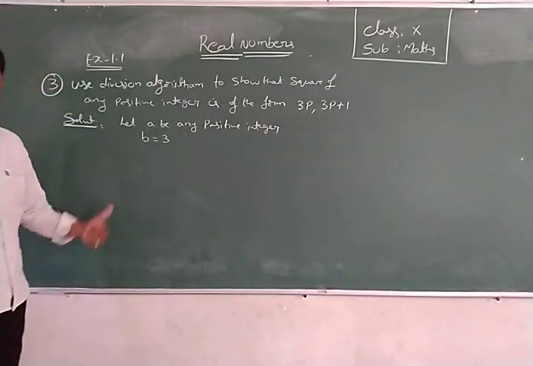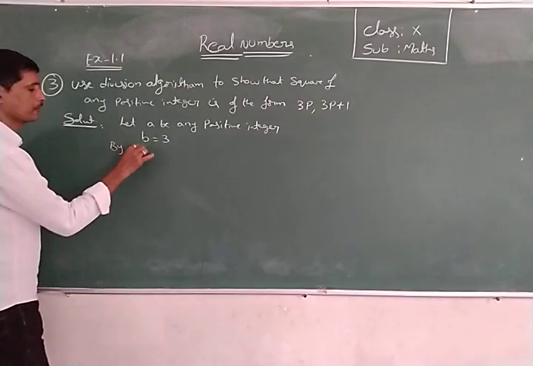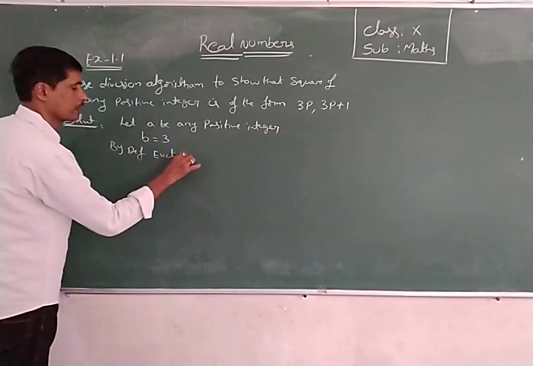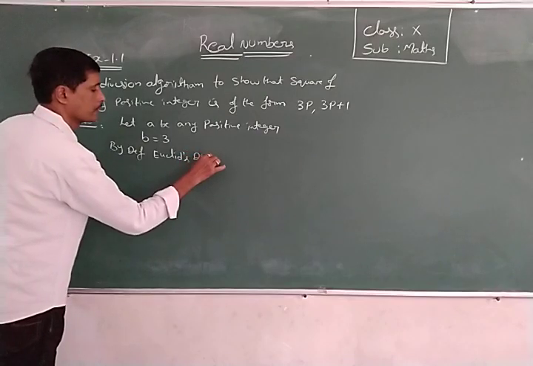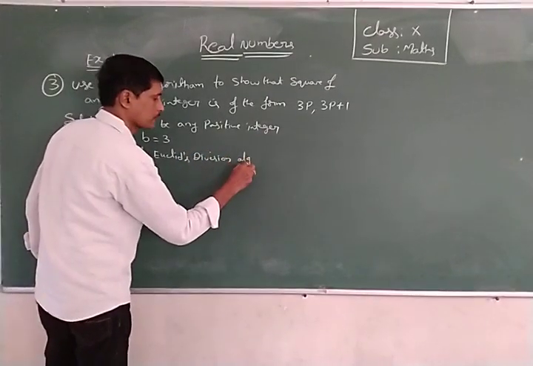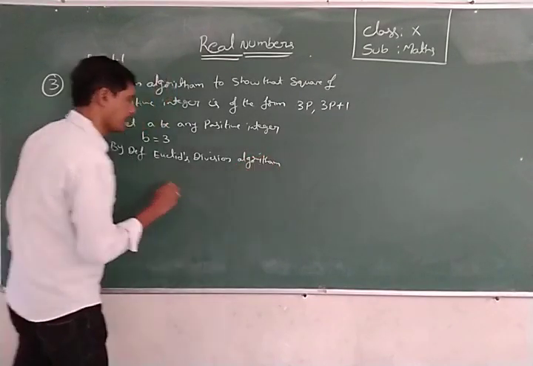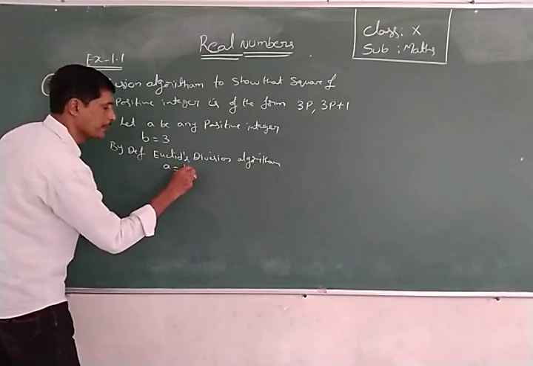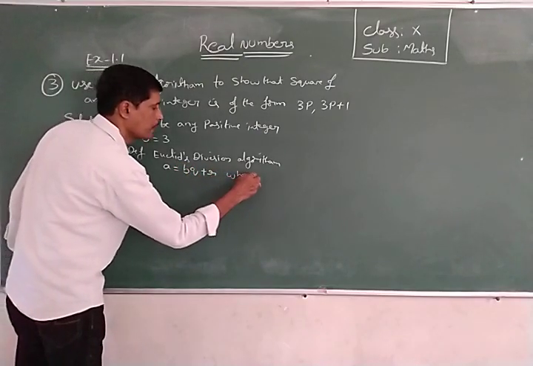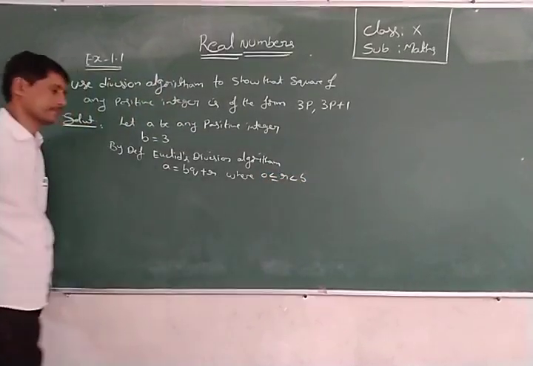By definition of Euclid's division algorithm, a equals bq plus r, where 0 is less than or equal to r, less than b.